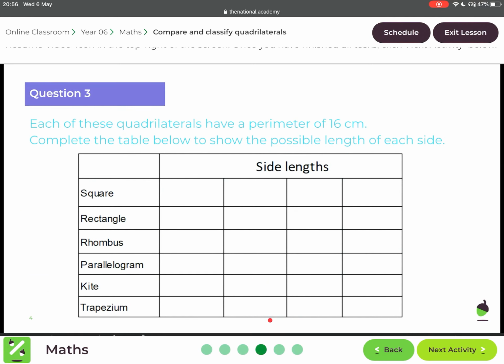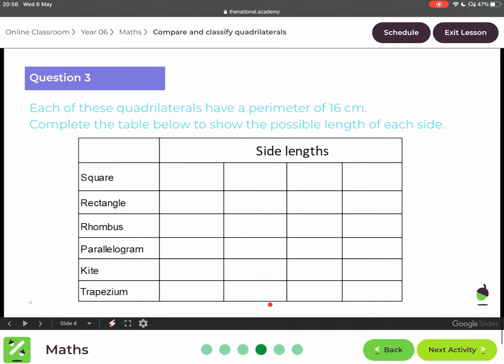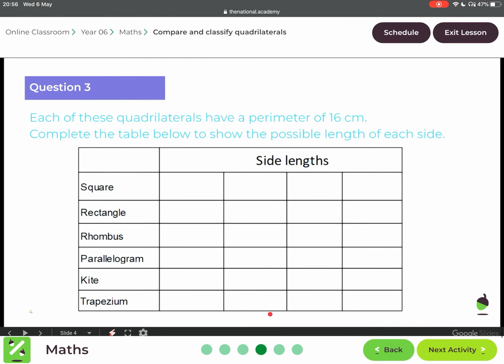After that, question 3 here, you've got, each of these quadrilaterals has a perimeter of 16 centimeters. Complete the table below to show the possible lengths of each side. So the answers you could have here: for the square, you could have 4 centimeters, 4 centimeters, 4 centimeters, and 4 centimeters. For the rectangle, you could have 2 centimeters and 2 centimeters, 6 centimeters, 6 centimeters.